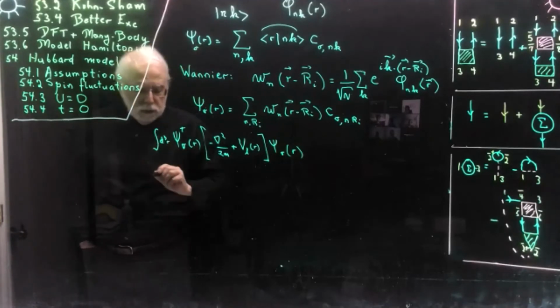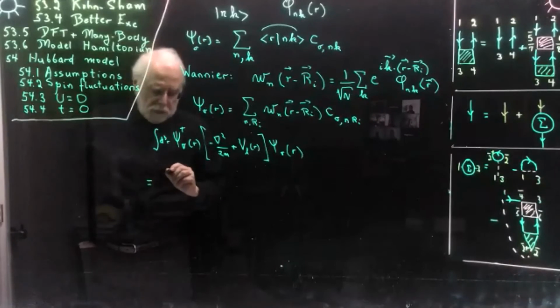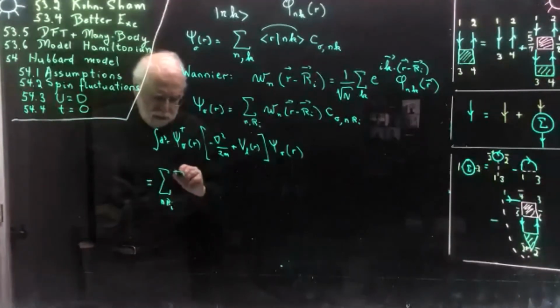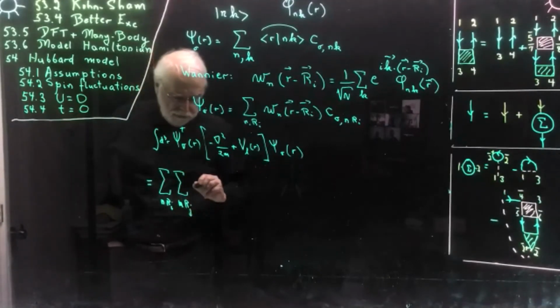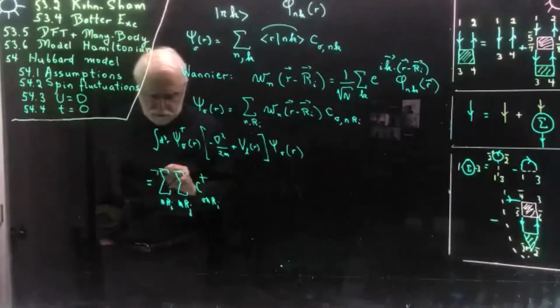So the final answer will be that this is equal to a sum over n, R_i, a sum over m, R_j, of c dagger n R_i sigma, with a sum over spins.